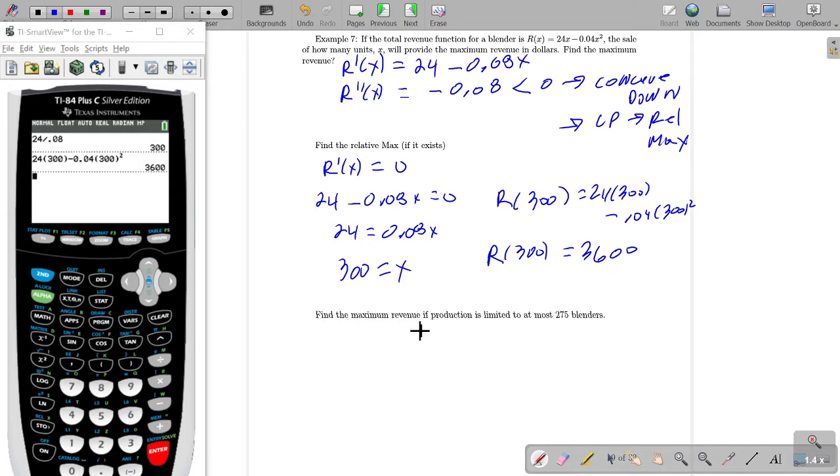So find the maximum revenue if production is limited to at most 275 blenders. So in essence, we can't do 300. The best we can do is 275. So we need to do r of 275.